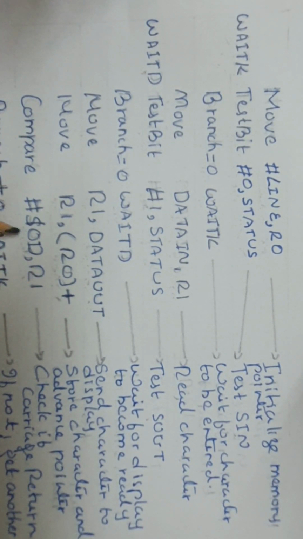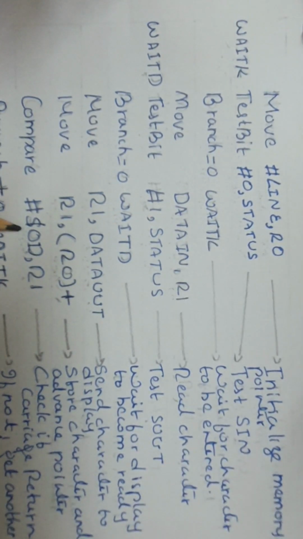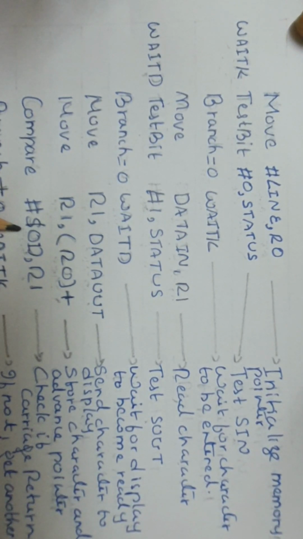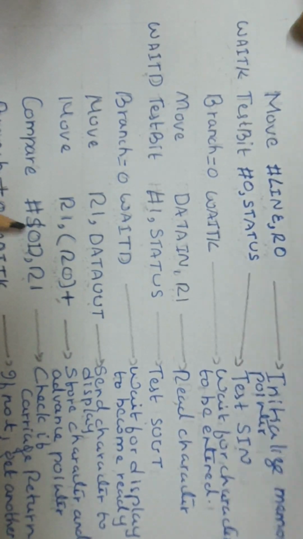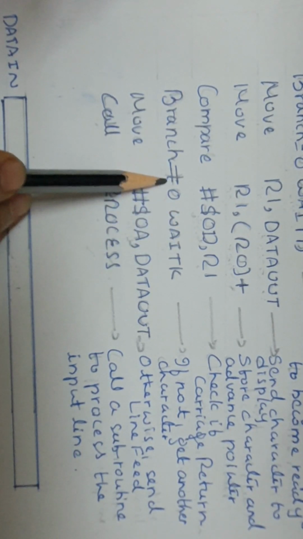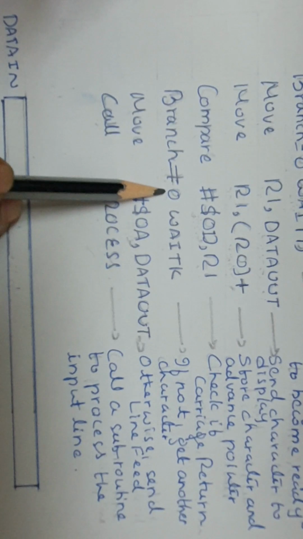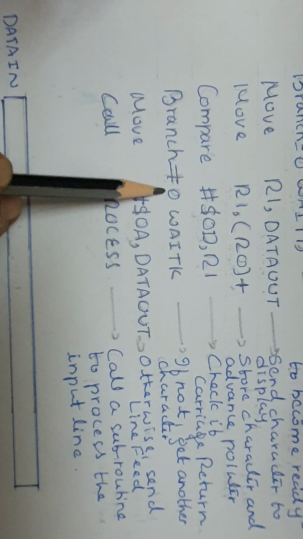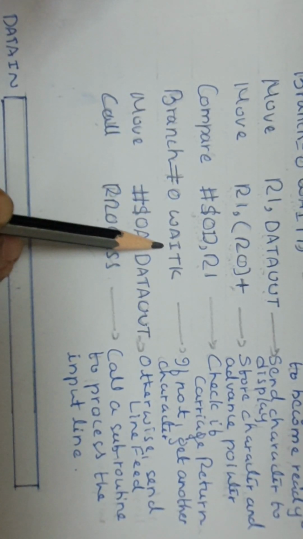Again compare the keyboard pressed character to check whether it is the Enter button, yes or no. These steps will be done for all the characters till the user presses the Enter button. When the user presses Enter, this becomes false, meaning branch not equal to 0 is false, so the control is not shifted back to read the character.